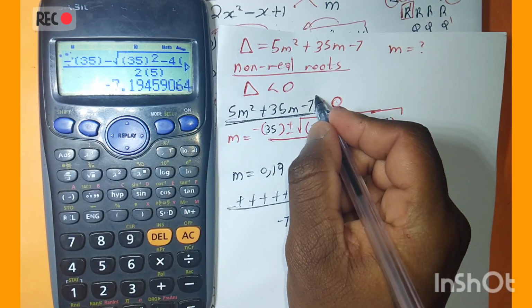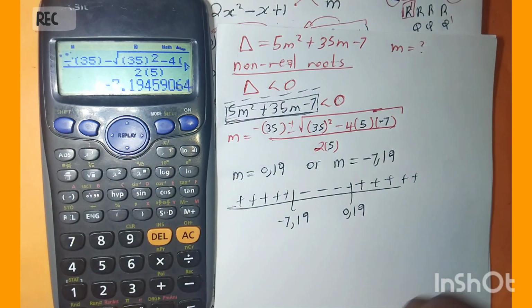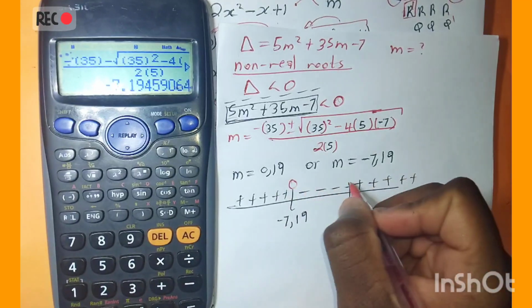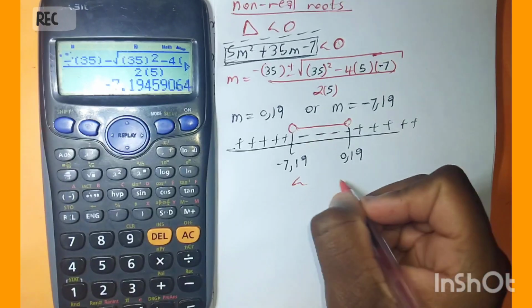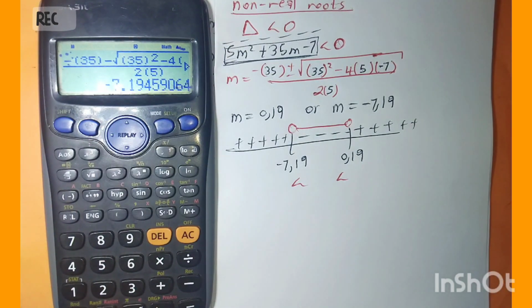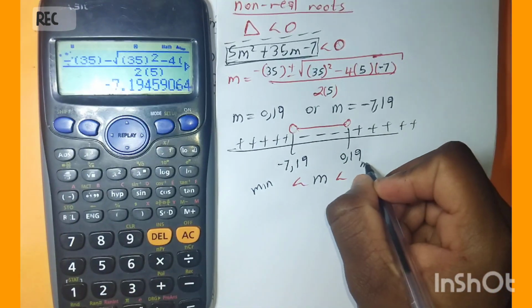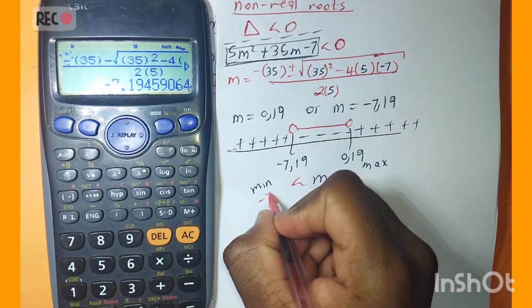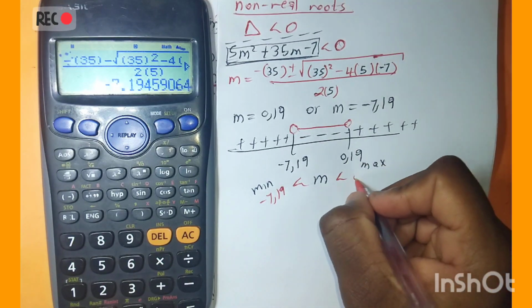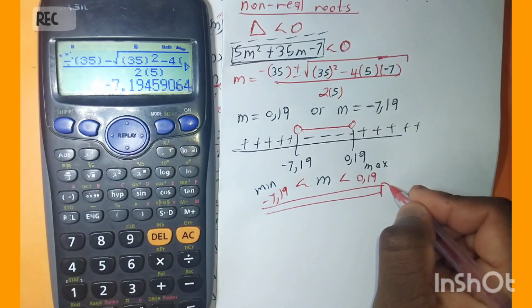I can see that the equation is less than 0, meaning the equation is negative. That equation, guys, will be negative between these values. I'm referring to the values of m. I write my minimum and I write my maximum. My minimum value, guys, is this one, and my maximum value is that one. That will be my final answer.